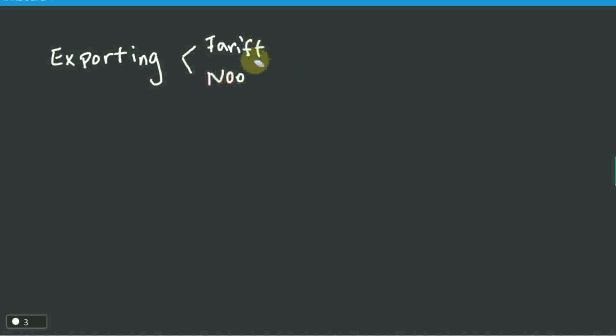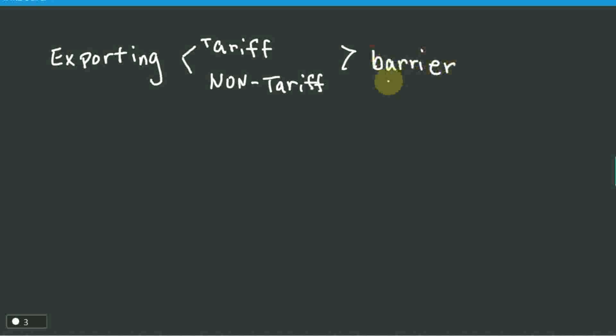Whatever the barrier is, to avoid it another alternative was licensing in the period of manufacturing products, and also franchising.